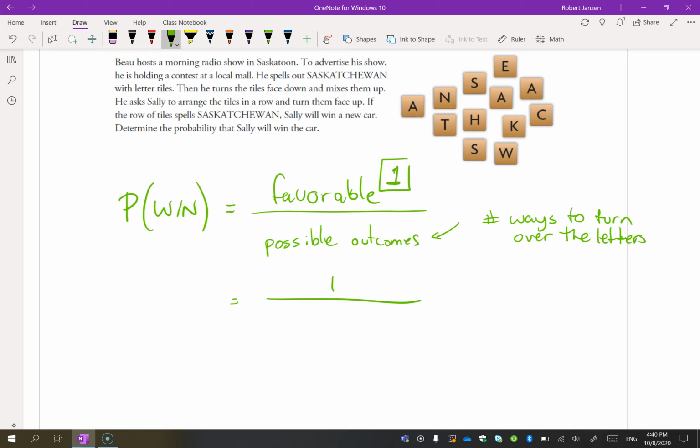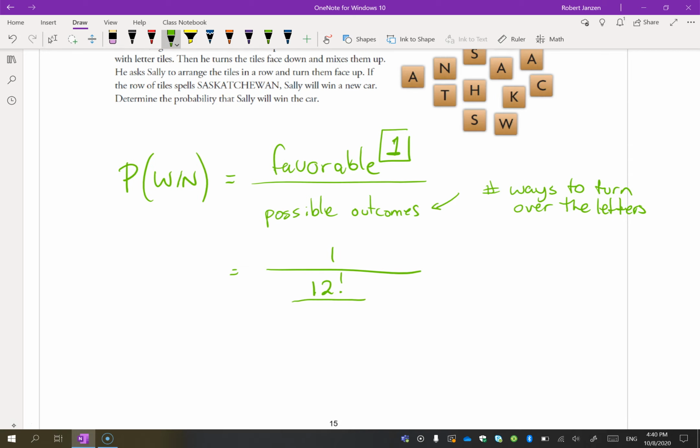Now, how do you arrange the letters of Saskatchewan? Well, remember this from last unit. If you have 12 letters, that's going to be 12 factorial. Except that there are some repeats. There are 3 A's. Is there anything else that repeats? There are 2 S's.